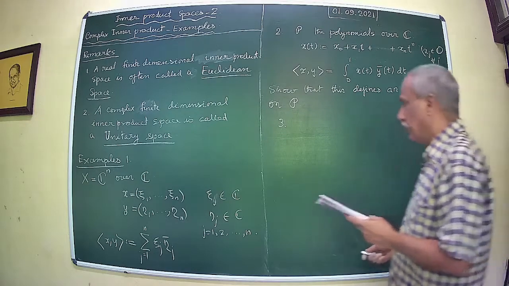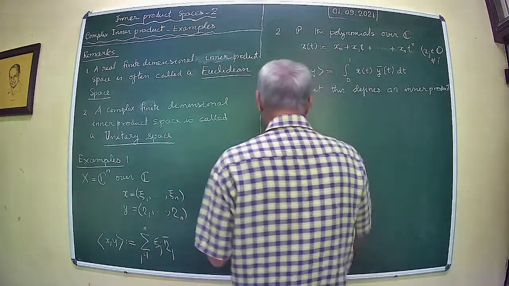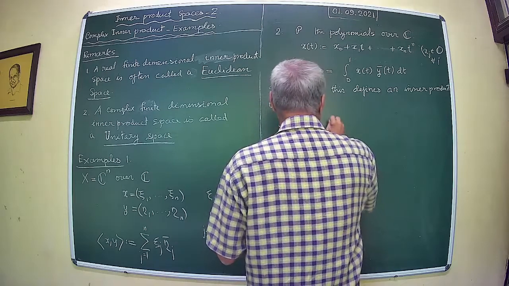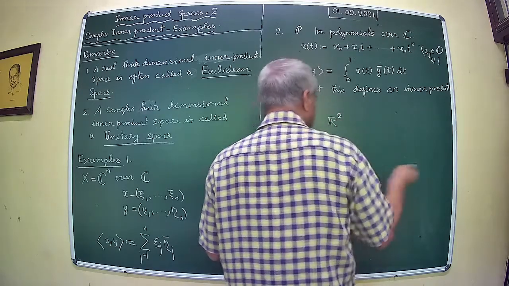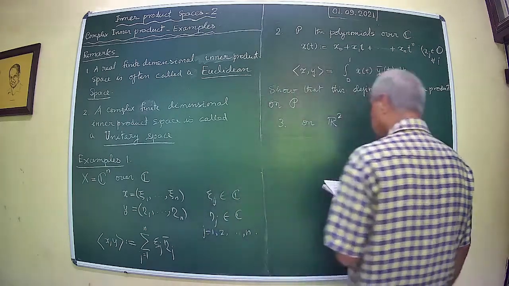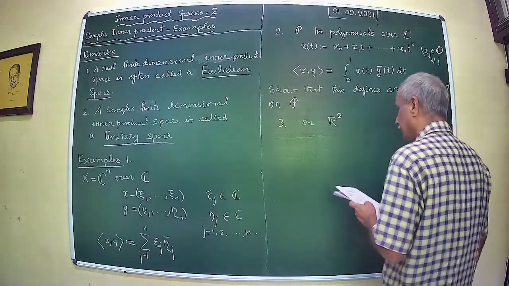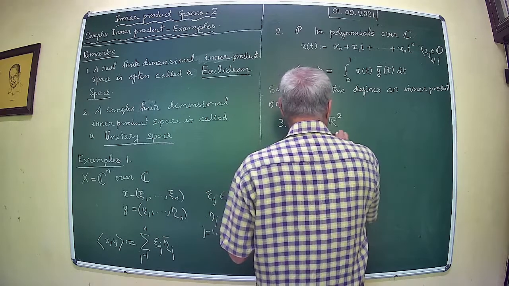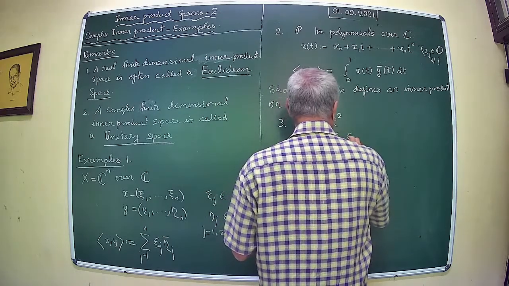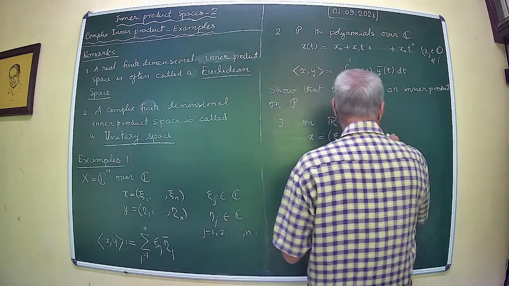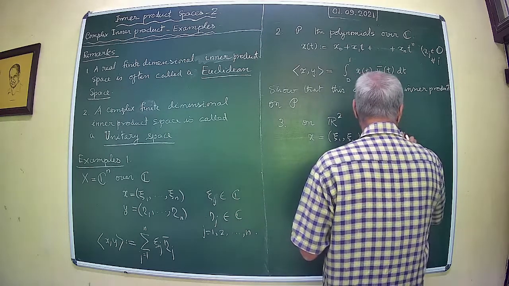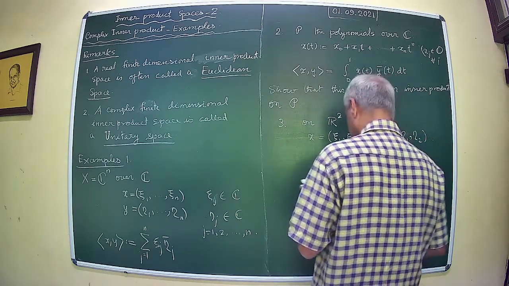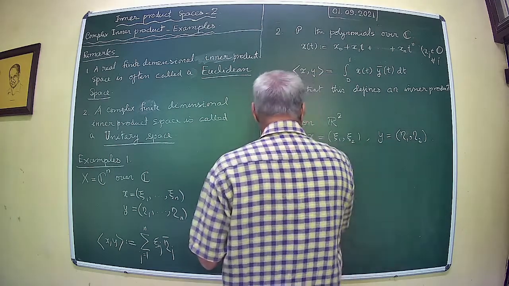Now you see that on R2, this is to show that there is another inner product that you can possibly define. Take x to be equal to psi 1, psi 2, y equal to beta 1, beta 2. Then define.